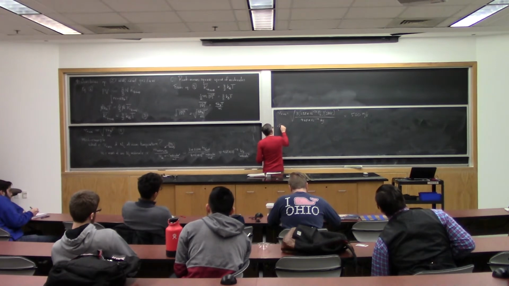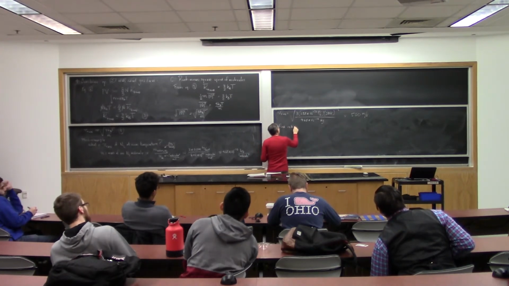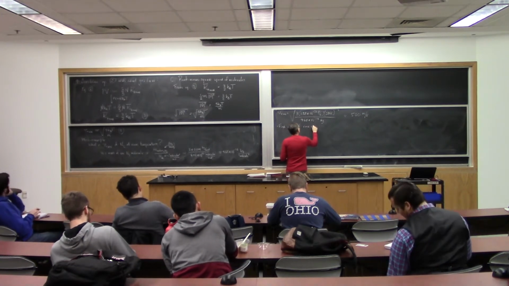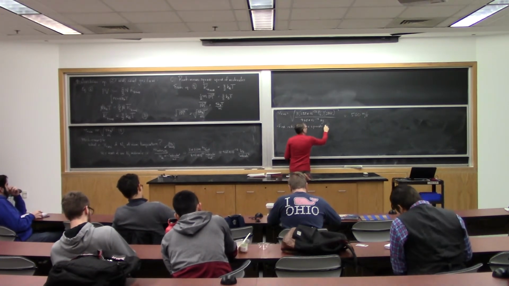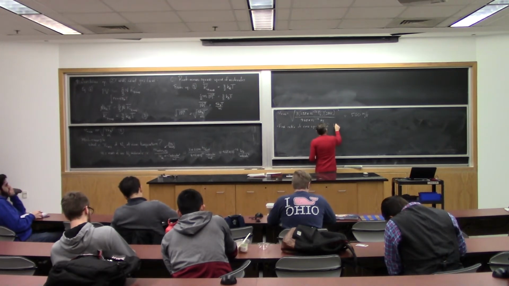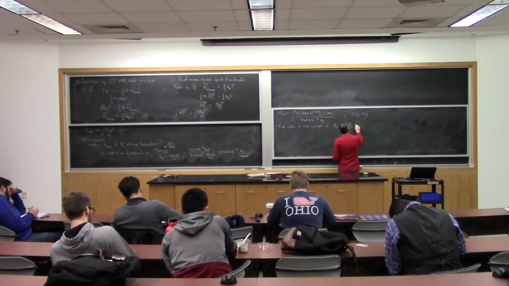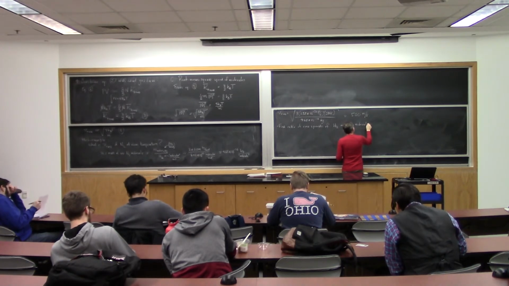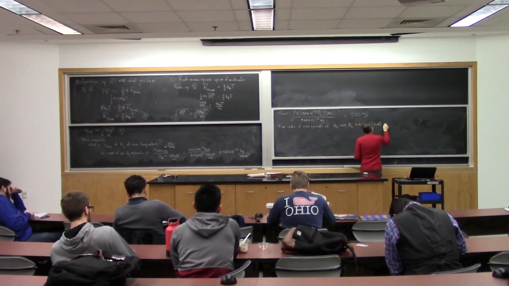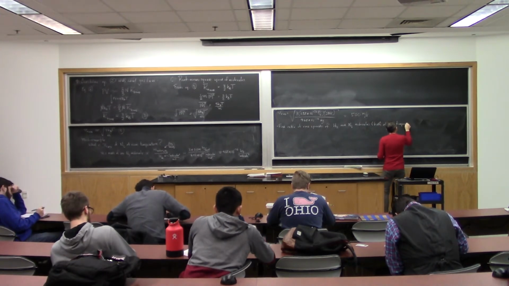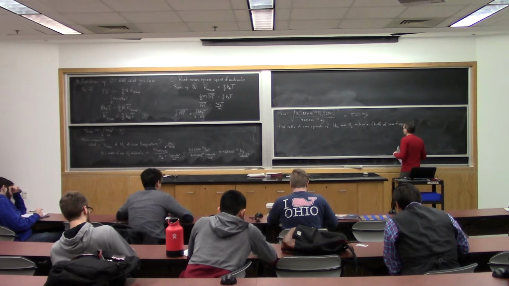Let's find the ratio of the RMS speeds of, let's take 2 species of hydrogen gas and nitrogen gas molecules, both at the same temperature.